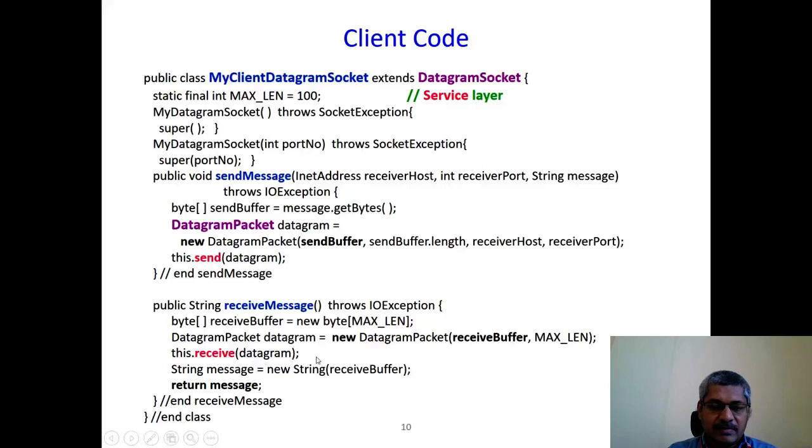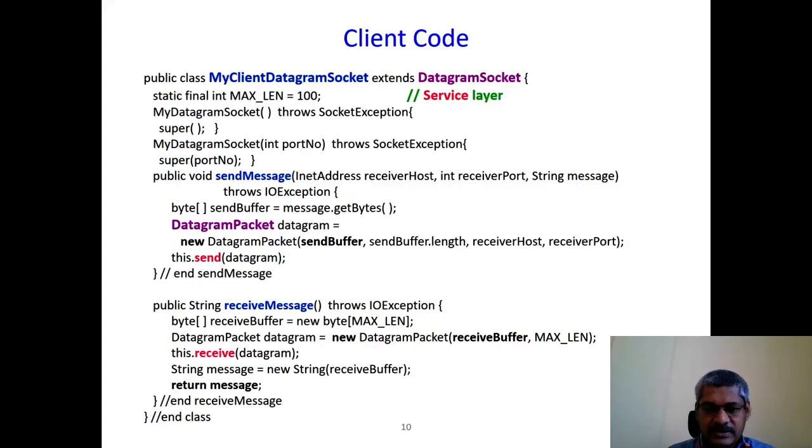Once you get the datagram packet, you read the message from this buffer, and this is the message which you return. So basically your service layer is taking care of all the inter-process communication, the non-blocking send and blocking receive and everything. And your application logic doesn't know about this one. It is just saying it is sending some message and receiving some message. In fact, it is sending a message which is empty for this particular protocol, the daytime protocol.